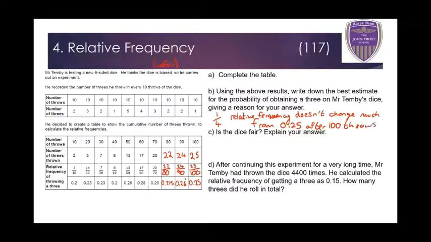Okay, so it's basically saying that after 100 throws, our relative frequency is hovering around that 0.25. It's not running away from it. It's not getting too low from it. It's settling at about 0.25.